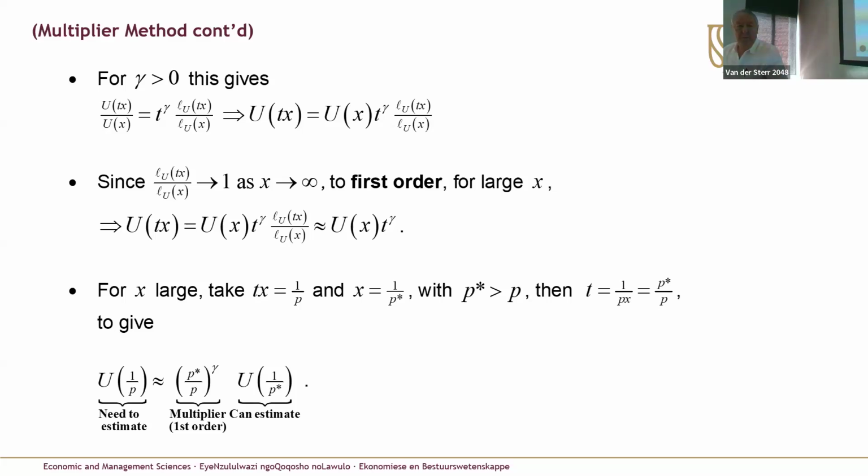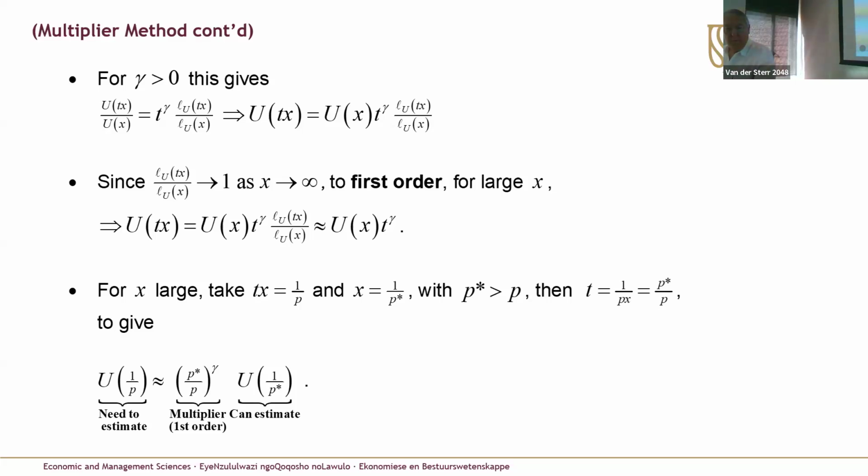And that says we can approximate, if we go to this, we need U of 1 over p. That's what we need to estimate. We can approximate that by p star over p, that's T to the gamma, times U of 1 over p star, which is X. So this p is very small, so we sit very high up. p star is larger, so 1 minus p star is deeper into the data.